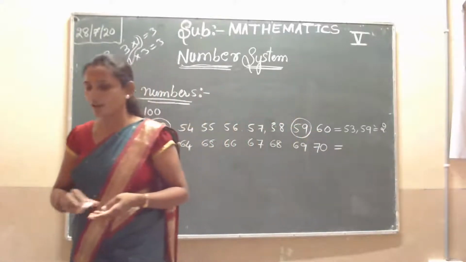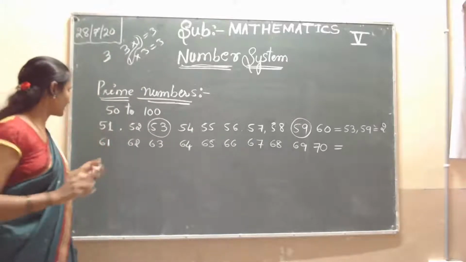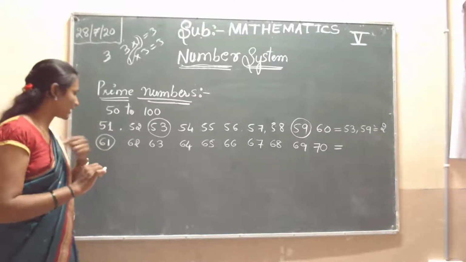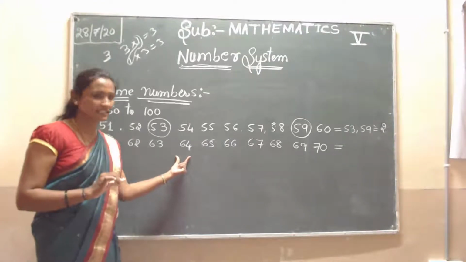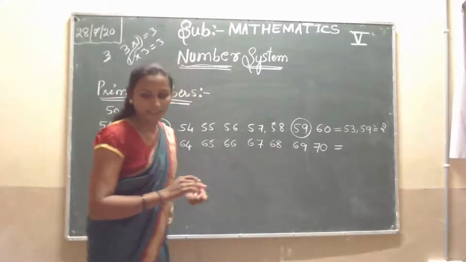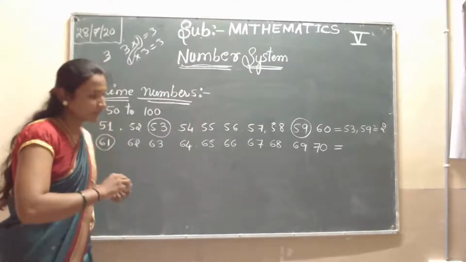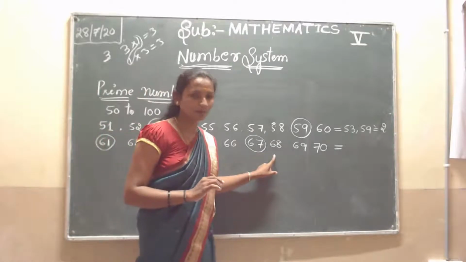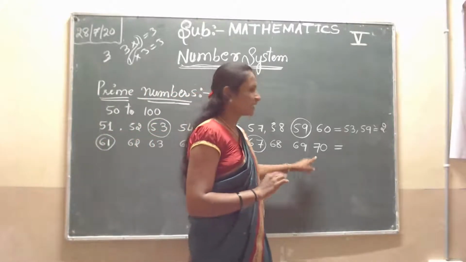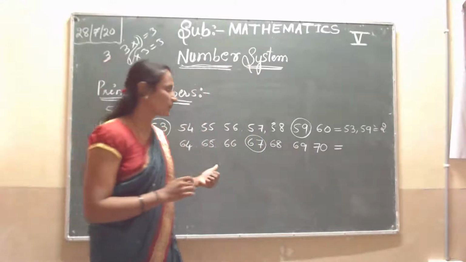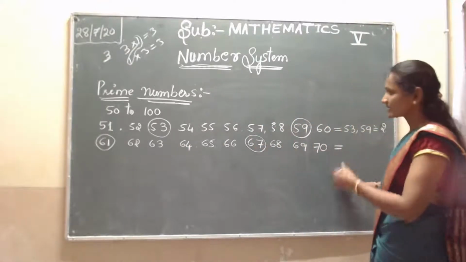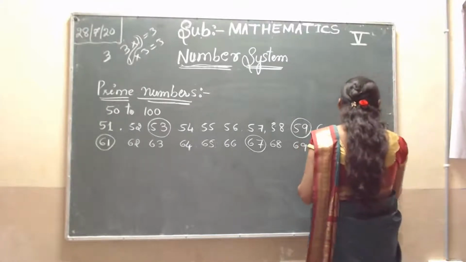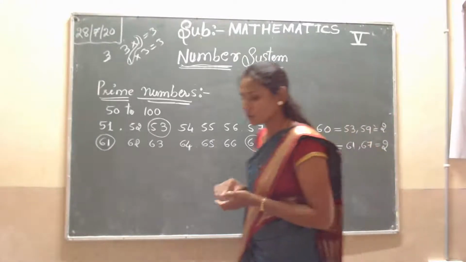Students, identify the prime numbers. 61 is a prime number because it has only two factors. 62 no, 63 no, 64 no, 65 no, 66 no. 67 is a prime number. 68 is not, because it is divisible by 2. 69 is divisible by 3. 70 is divisible by 5 and 7. Between 61 and 70, how many prime numbers? Two prime numbers, 61 and 67.